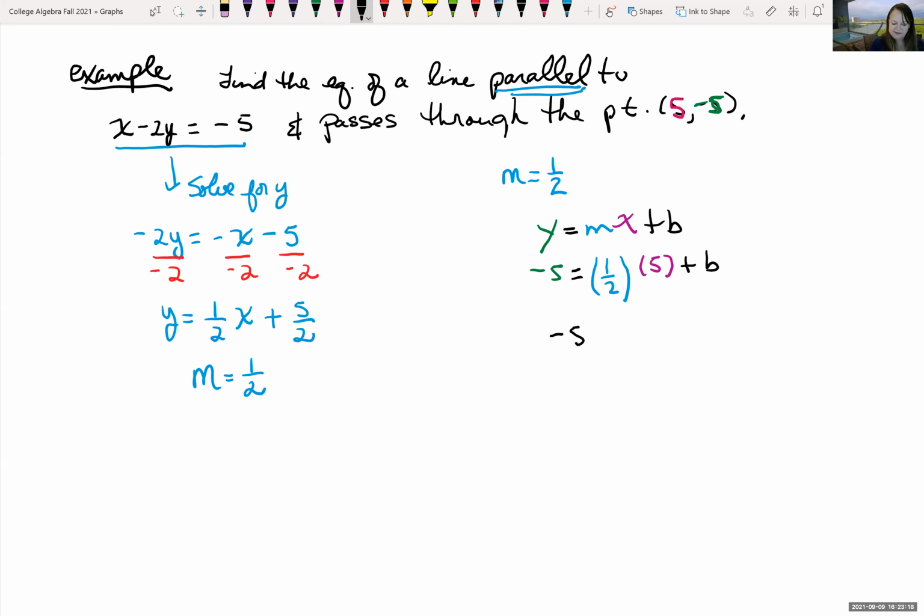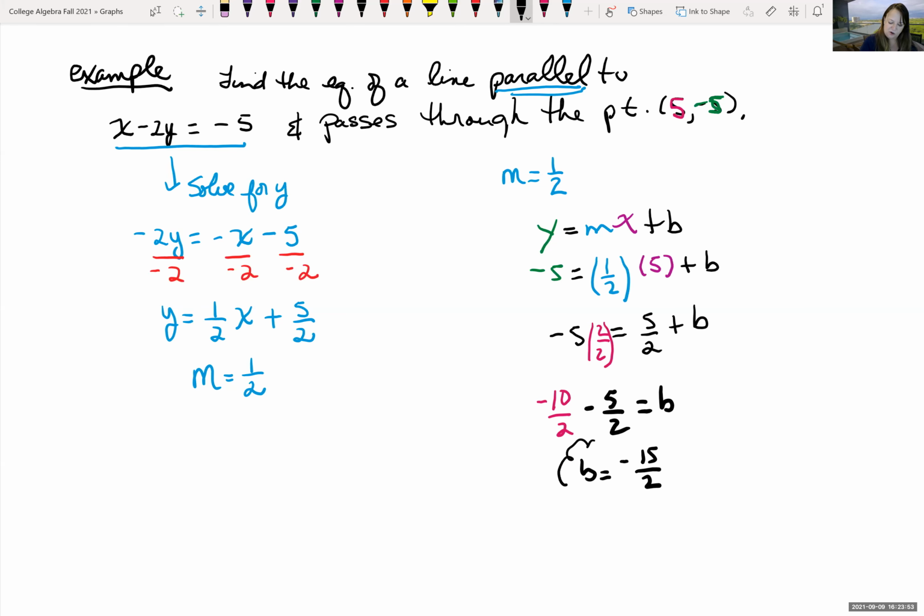So -5 equals 5/2 plus b. I can get b by itself by subtracting 5/2. I'm just going to think to myself, getting a common denominator, this is -10/2. And then subtracting 5/2 on both sides is equal to b. That gives me -15/2.